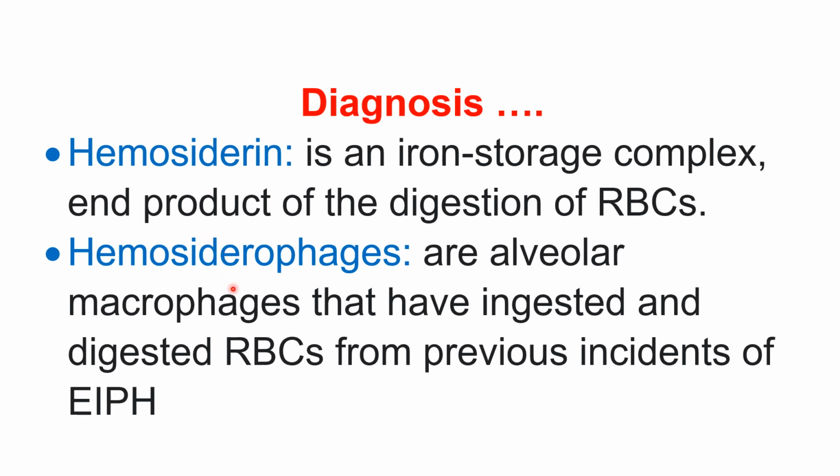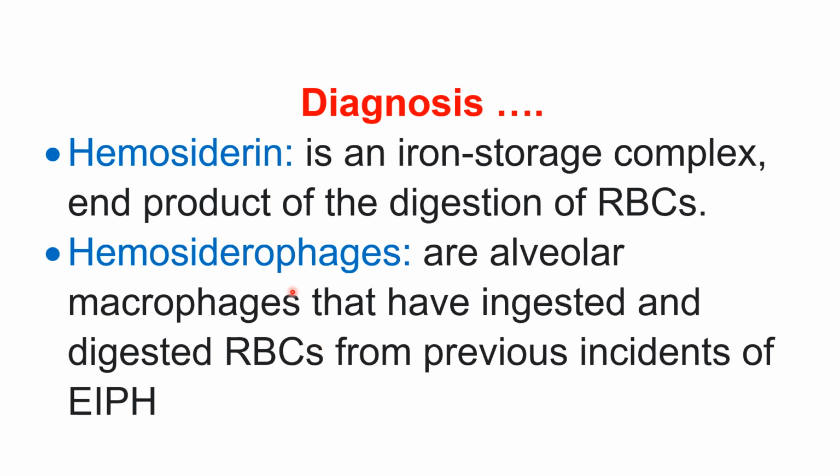Now another is hemosiderophages. These are the alveolar macrophages. Hemosiderophages are the alveolar macrophages that have ingested and digested hemosiderin from previous incidence of EIPH.